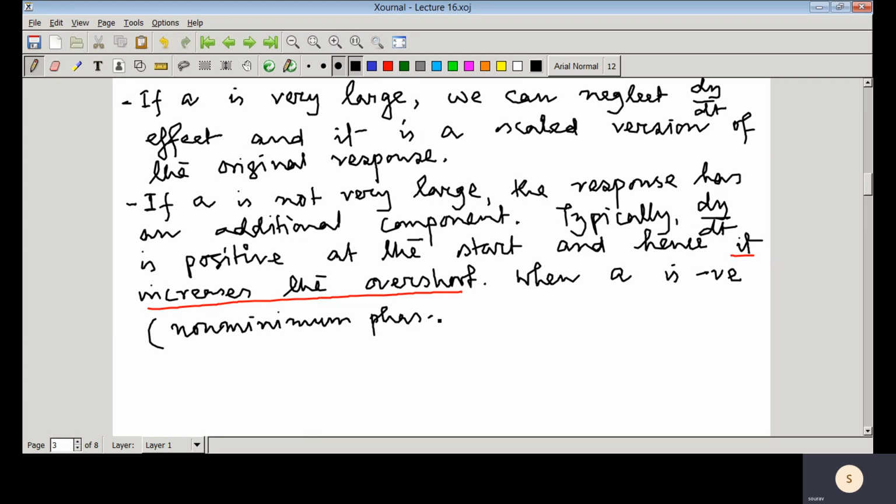Whenever a system has a 0 on the right half of the S plane, it is called a non-minimum phase system. When A is negative, a negative kick is observed.